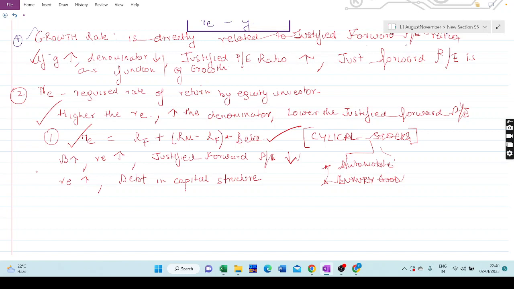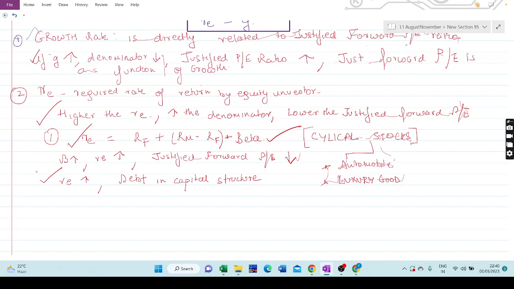So it might be the case that all the cash of the company gets exhausted after repaying the debt holders. There is no cash left to repay the equity shareholders. So if there's a lot of debt, risk to equity shareholders increases, and since the risk to equity shareholders increases, the return that they require to invest in that particular stock increases.